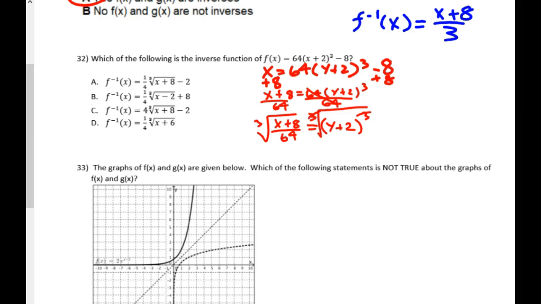Now, when I cube root the top, it's just going to be cube root of x plus 8. When I cube root the bottom 64, that's 4 on the bottom. So you're going to get 1/4 out front. y plus 2, and then I subtract 2 on both sides. So my final form is 1/4 cube root of (x plus 8), and then minus 2 goes after that.